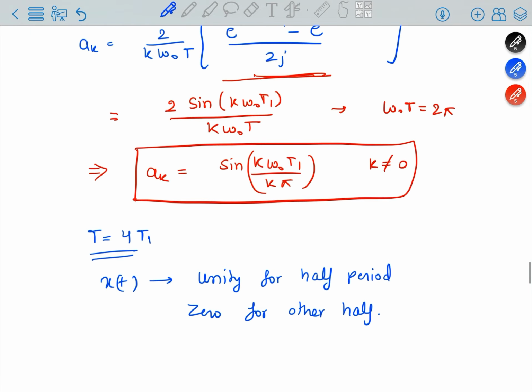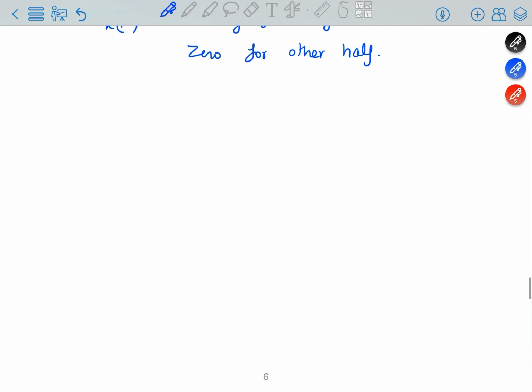So now we can directly replace the value of t1 in this ak expression, which we have already deduced. So what will we get? We will get ak as sin(pi k by 2) by k pi for k not equal to 0, and it will be equal to 1 by 2 when k is equal to 0.